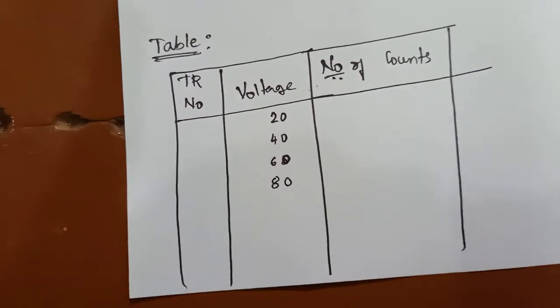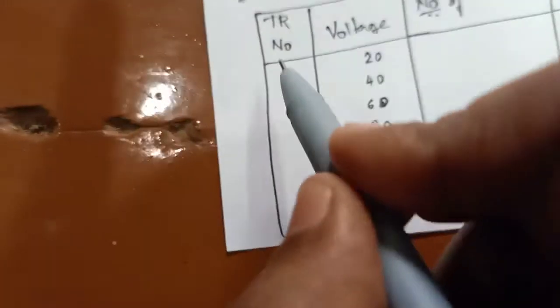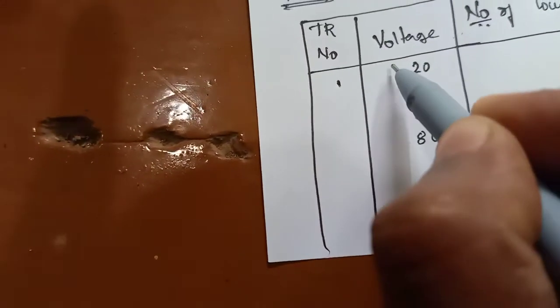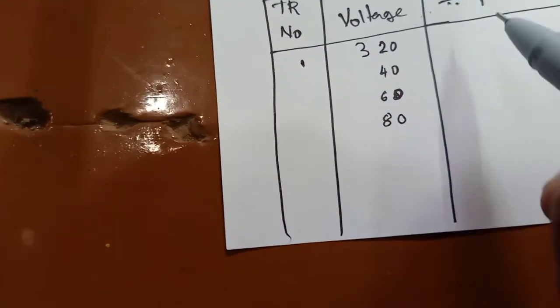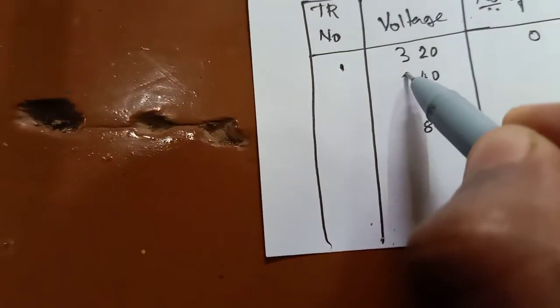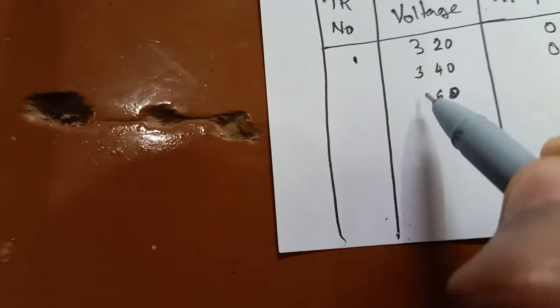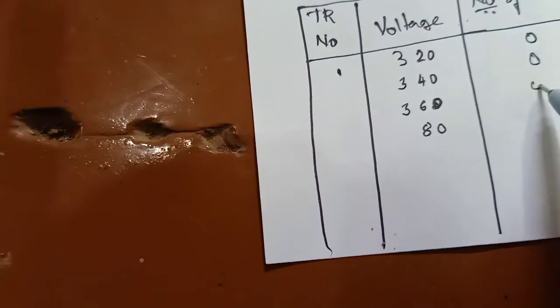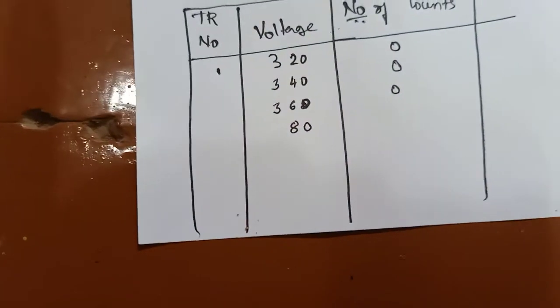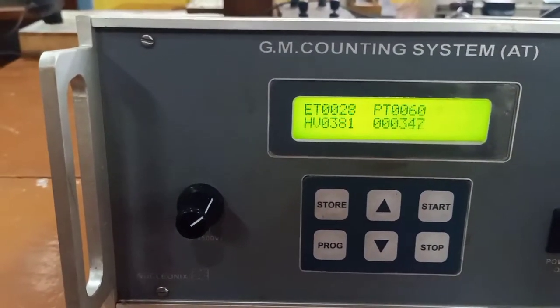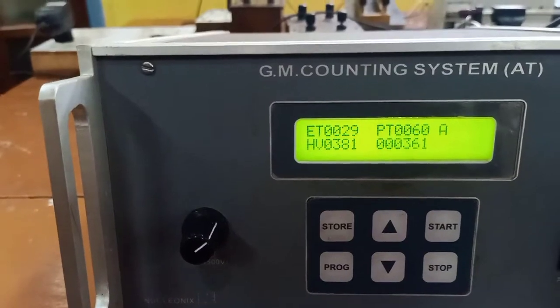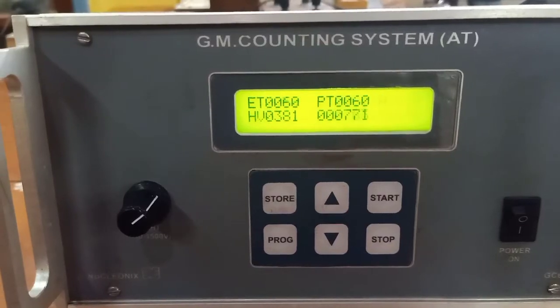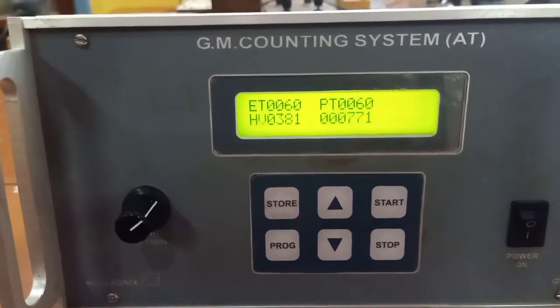So for trial number 1, at 320 volts it shows 0. At 340 volts it shows 0. At 360 volts it shows 0. Now I have kept it at 380 volts. Wait up to 60 seconds, and the estimated time also takes 60 seconds.